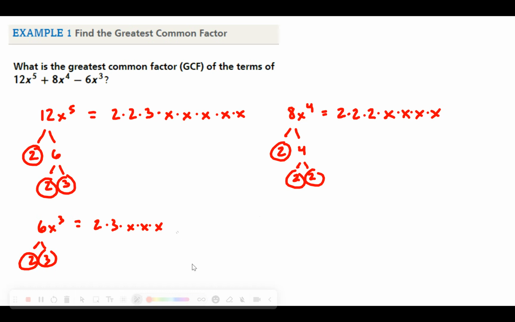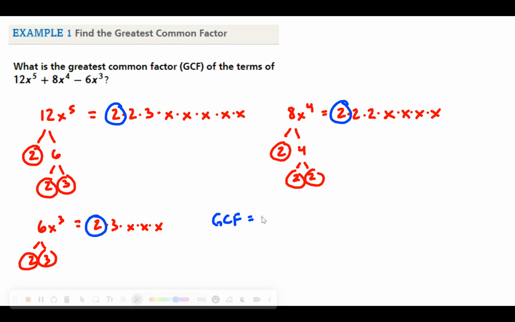So when we look for this GCF, and I'll change colors to blue, we are looking for what numbers, factors, and the number of x's are common to all three of these terms. Let's look at the numbers first. Notice that each one has a 2. There's a 2 here, a 2 here, and a 2 here.